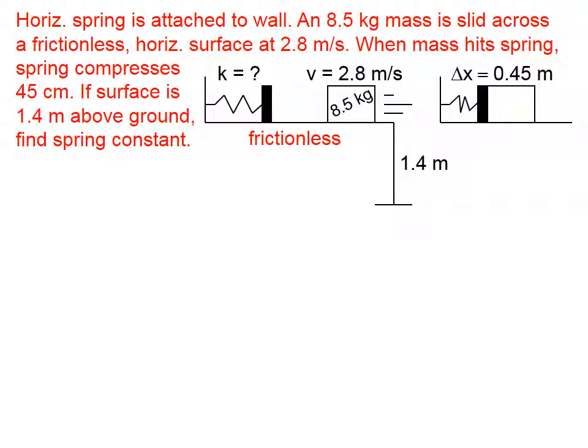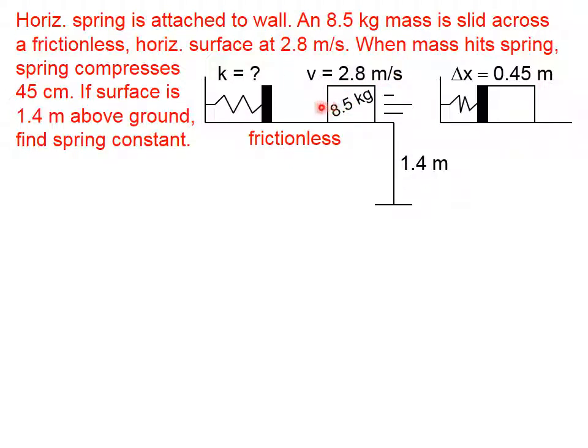I've tried to model this situation up here in this series of diagrams. We have a table that is 1.4 meters above the ground, and the table is next to a wall, and we have a spring attached to the wall with a little catch end for the spring, and we have a mass that's sliding across this nearly frictionless surface with an initial speed of 2.8 meters per second.